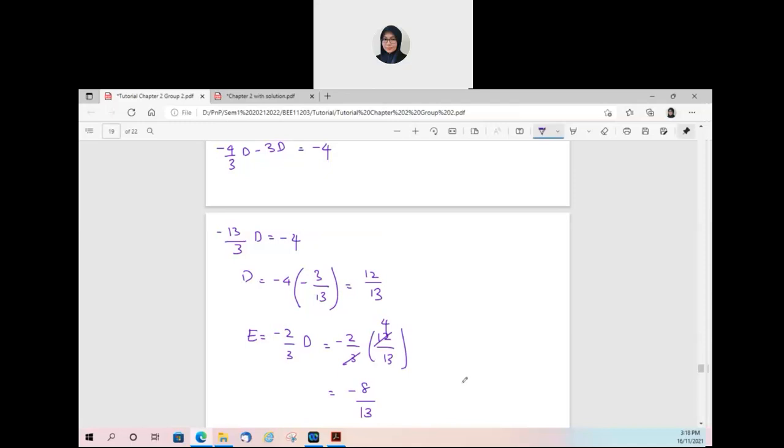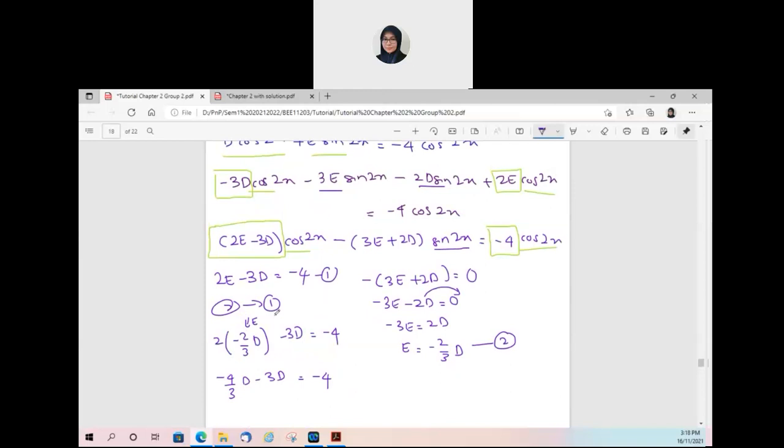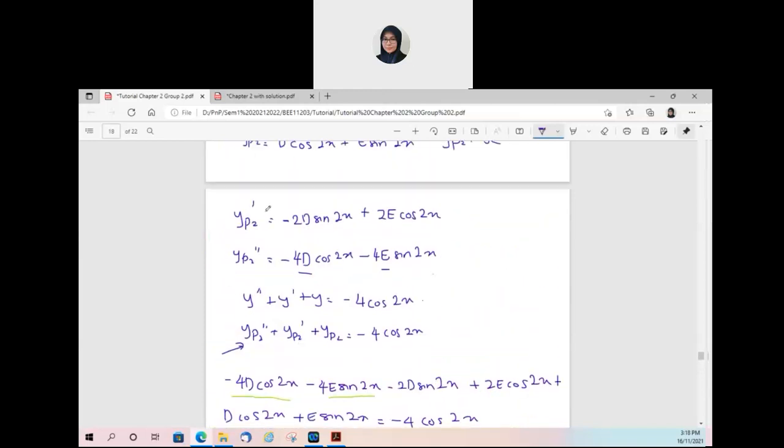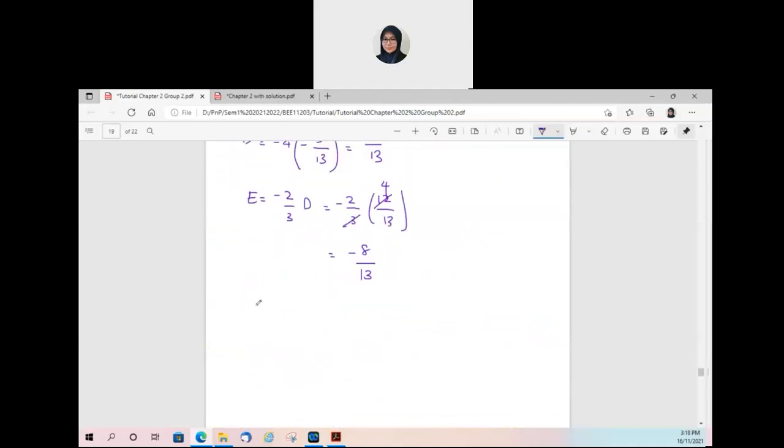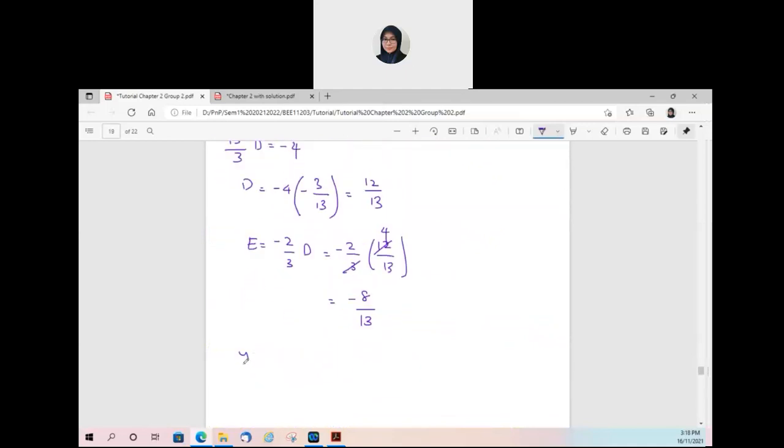Okay. Then you masukkan D dan E inside this YP, YP2. Therefore, our YP2 will be 12 over 13 cos 2x minus 8 over 13 sin 2x. Okay, so this is our YP2.